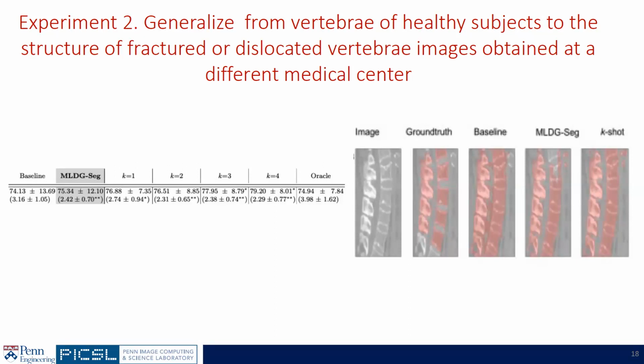So a model is trained on healthy images, and you want to generalize it to images coming from fractured vertebrae. Again, at training time you're only given healthy ones. You have no information about fractures, but you want your model to generalize to them too.